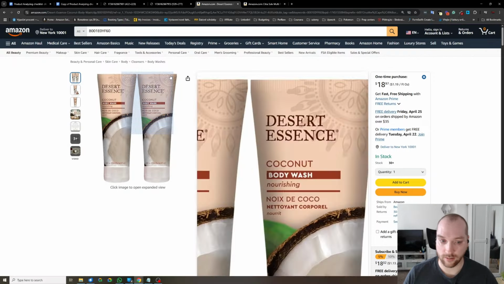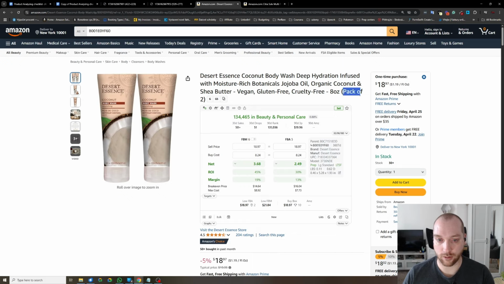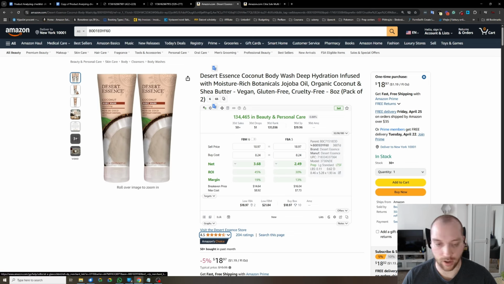And then from left to the middle, pack of 2 in the title. So we go from left to right, left image, moving to the right, which is the title, and then I move to the right in here where the buy box is, to see if Amazon or the brand is a seller. The name of this brand is Desert Essence, and it's sold by Beauty Paradise.